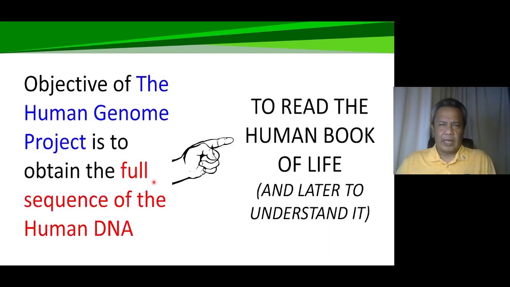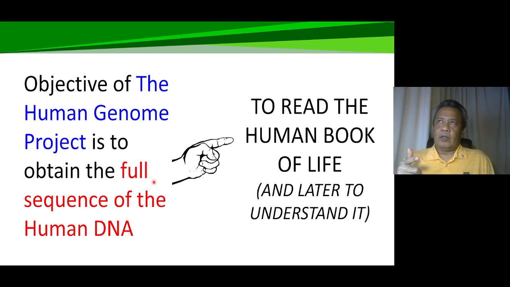It started in about the 1980s, and the first stage of completion was done in 2003, and eventually the genome was fully sequenced, I think, if I'm not mistaken, in 2022. All right, so you actually have everything that is being read.